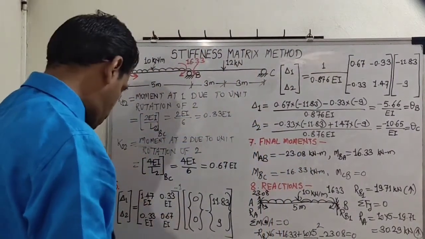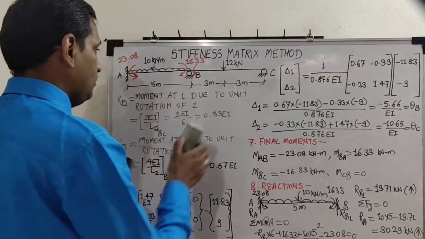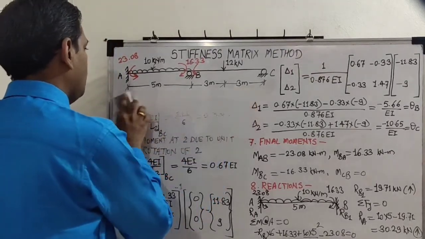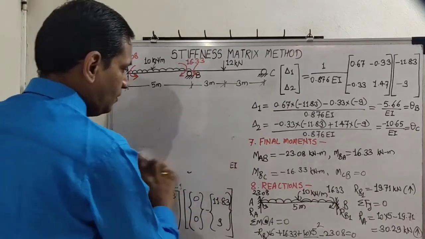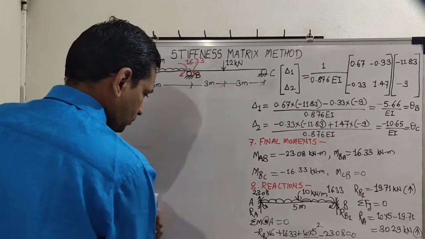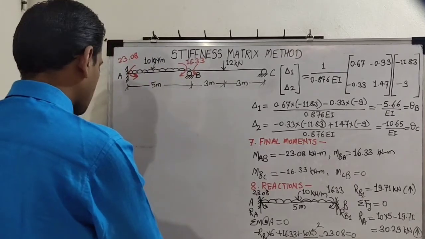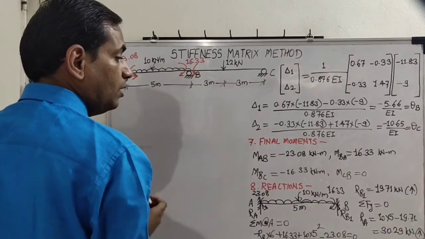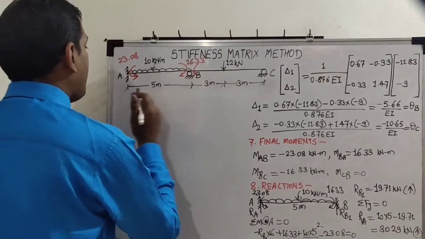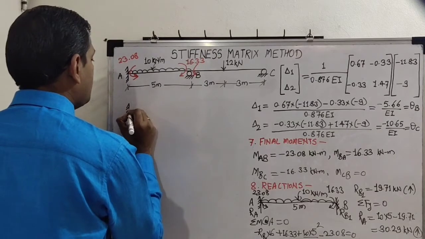Now we will go for the free body diagram of span BC. Here again we will get two reactions.